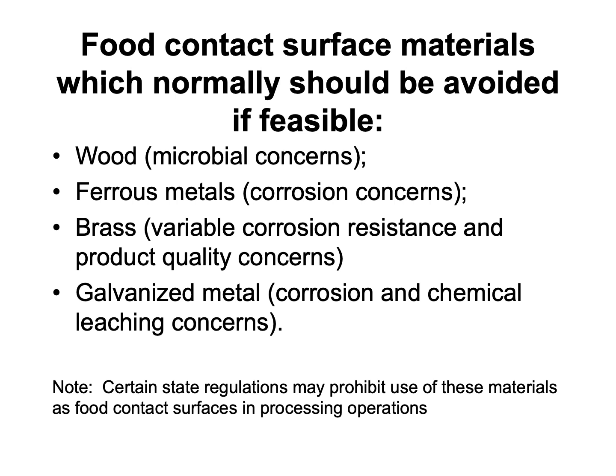Brass, so variable, depending on the quality of the brass, corrosion is a big factor. Galvanized metal, again, corrosion. And then we also have this leaching effect. Zinc then leaks from the metal into the food if we're using acidic products. And a lot of times many of these are banned. Certain regulations would ban these.